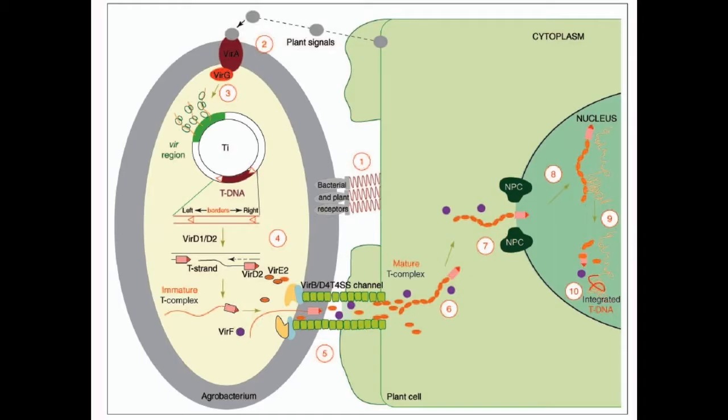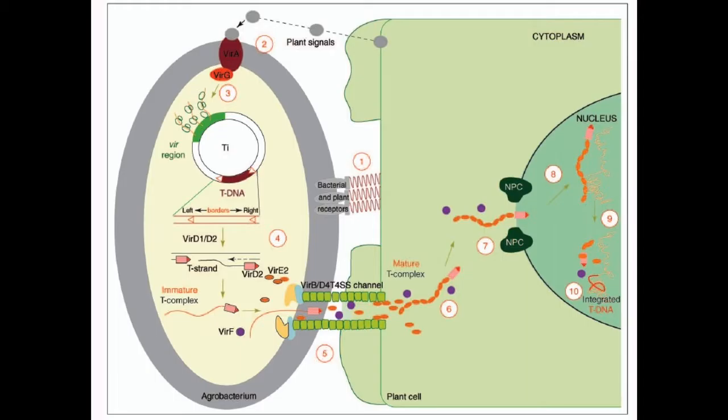When people want to introduce a gene, say for an insecticide, into a plant like corn, they genetically engineer this tDNA to carry the gene that they want it to. And so now you simply have to infect the plant that you want to introduce this gene into and just let this tumor-inducing plasmid do its thing.